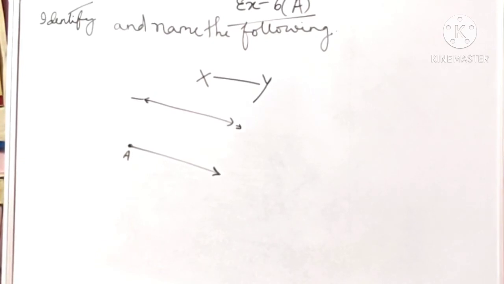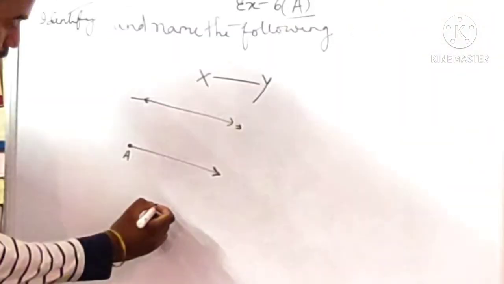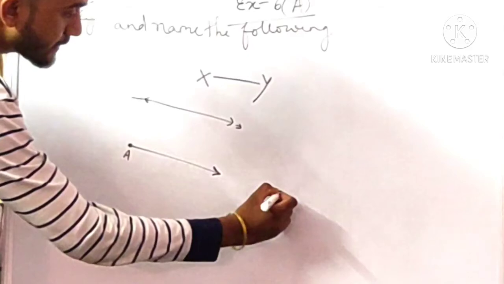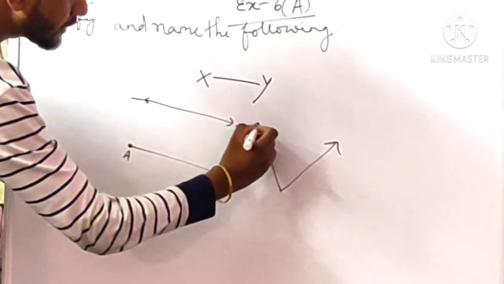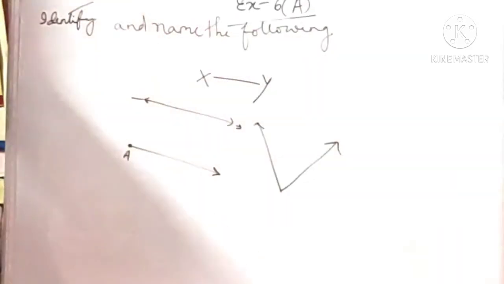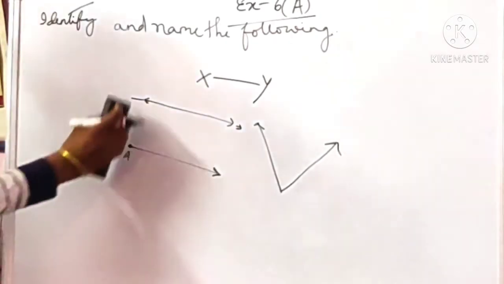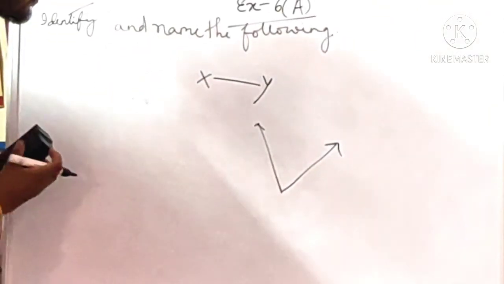So next you see question number 4, draw two rays that have a common endpoint P. That means we have to draw two rays. Suppose one ray is like this and another one is like this.